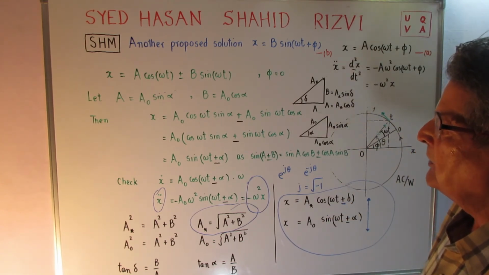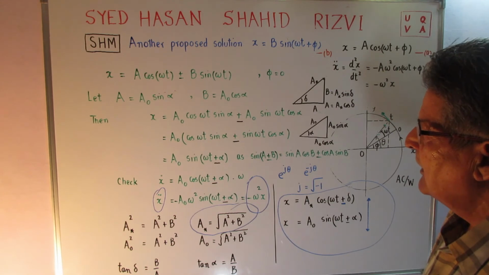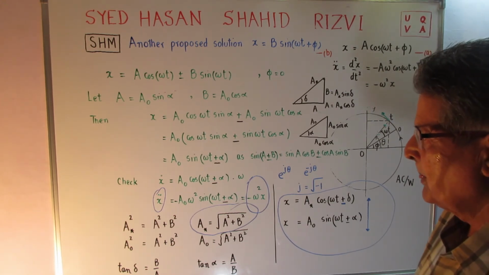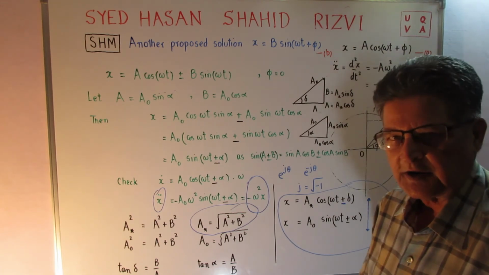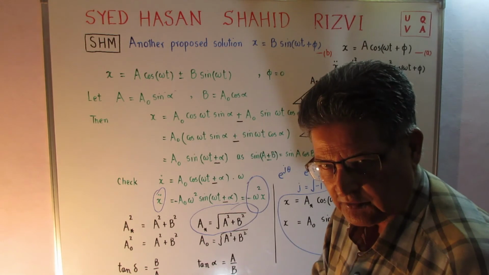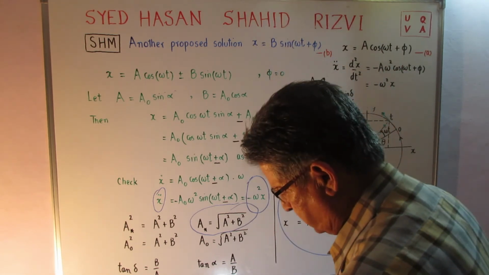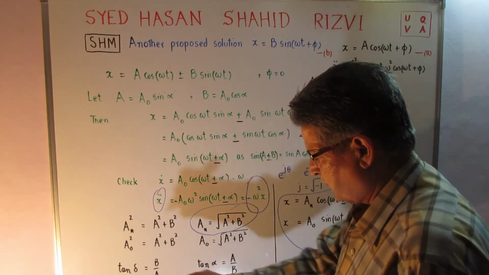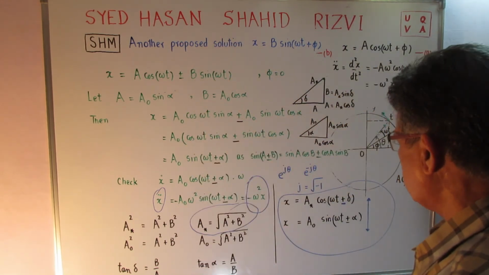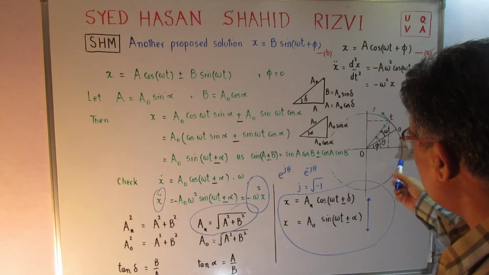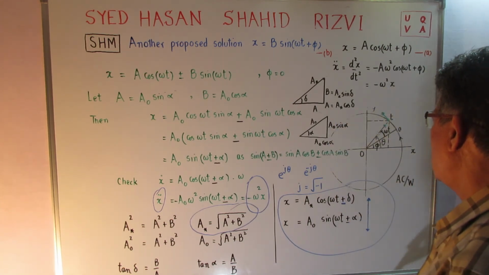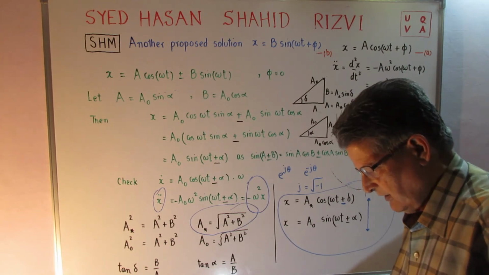Now, in the offing is how this simple harmonic motion can be presented in terms of a time graph. The time graph which shows the to and fro motion, the oscillatory motion with time, is also obtained from this reference circle.